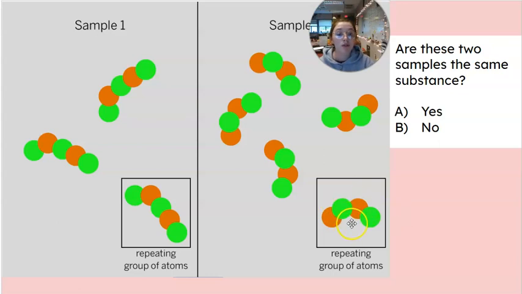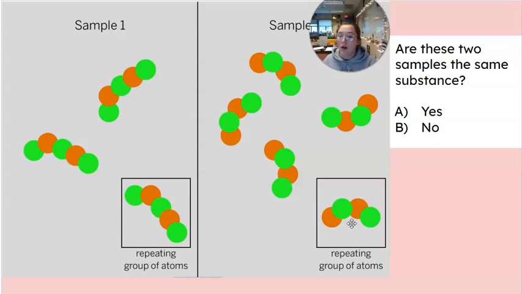Sample 2 has only 2 greens and 2 oranges. Yes, they're the same colors, but they have a different number of atoms connecting to make the molecule. I could say this example would replace the greens with hydrogen and the orange with oxygen. If I have an extra hydrogen in sample 1, it has to be a different molecule. It means it has to be a different substance.